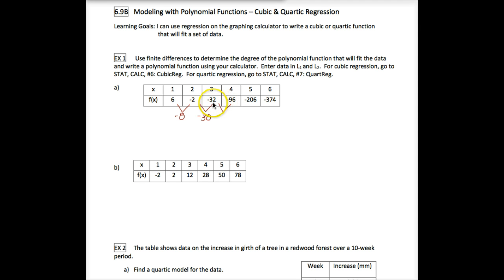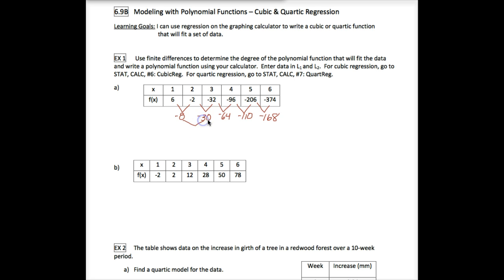Negative 96 minus negative 32 is negative 64. Negative 206 minus negative 96 is negative 110. And negative 374 minus negative 206 is negative 168. So there's our first order differences.